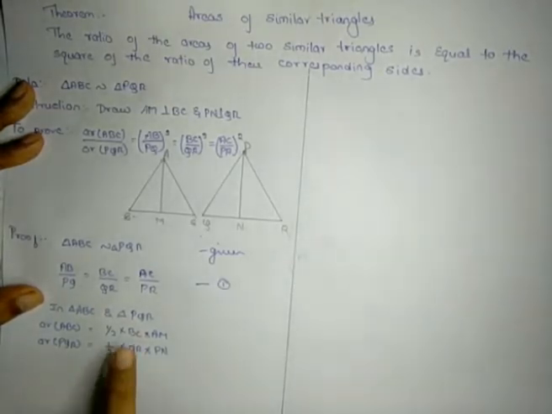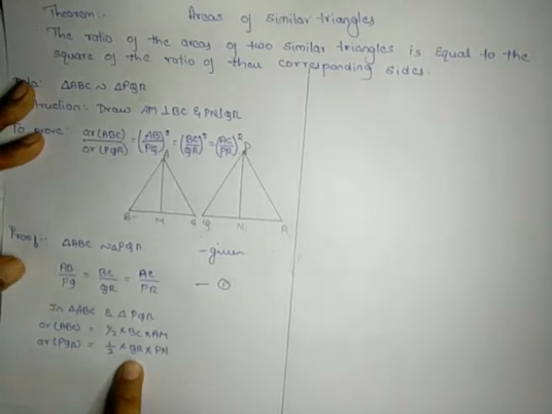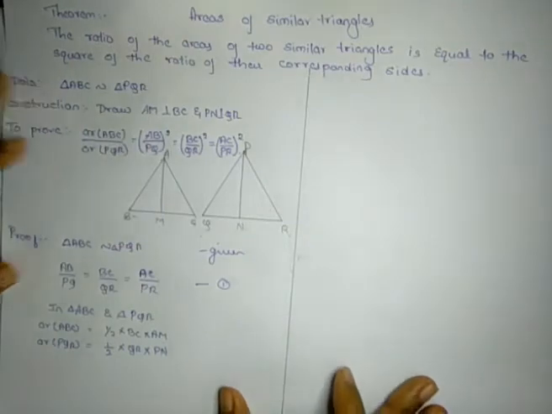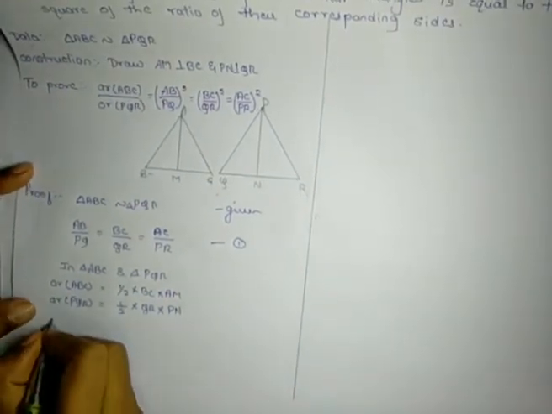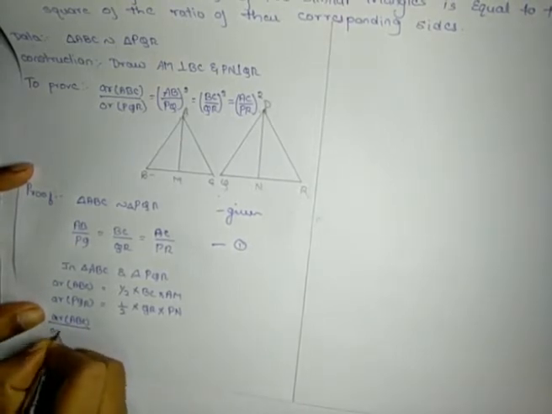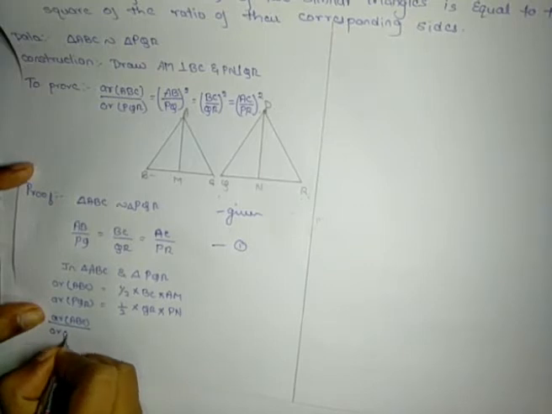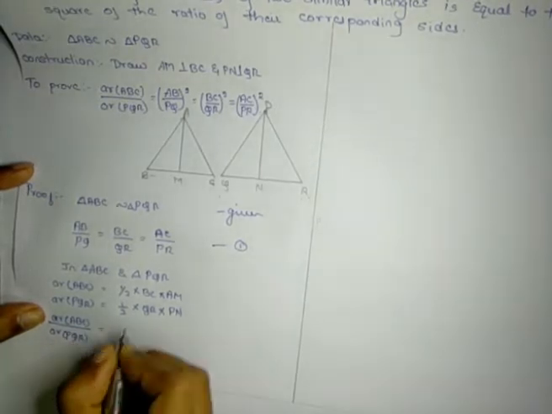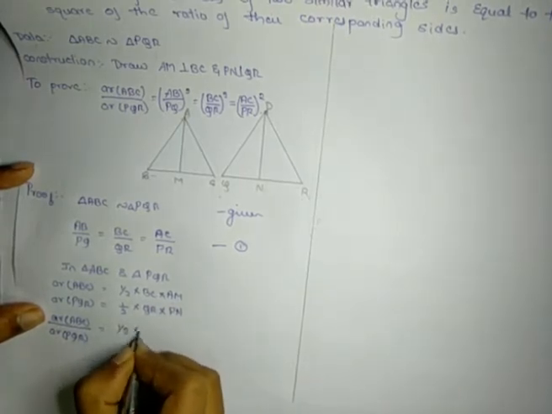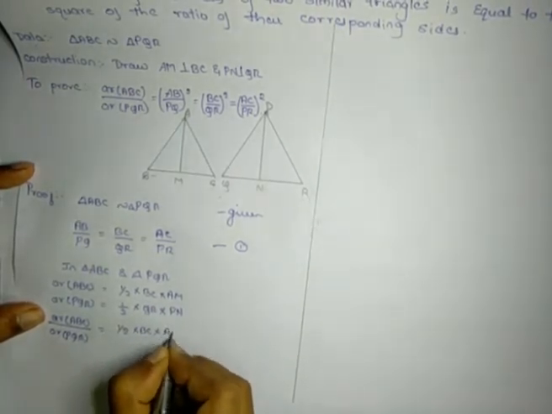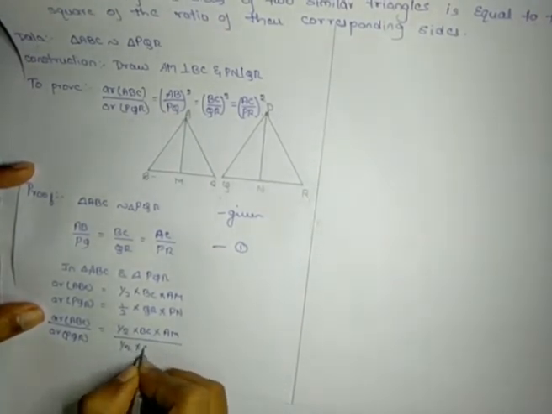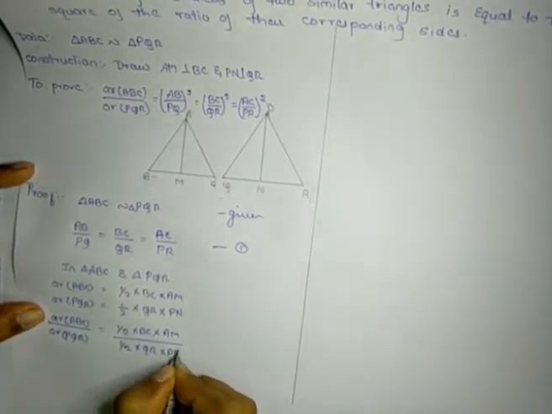Now we have to find the ratio of these two areas of triangles, because they have given the areas of two similar triangles. Area of triangle ABC divided by area of triangle PQR is equal to what we got: half into BC into AM, then similarly for PQR, half into QR into PN, right?